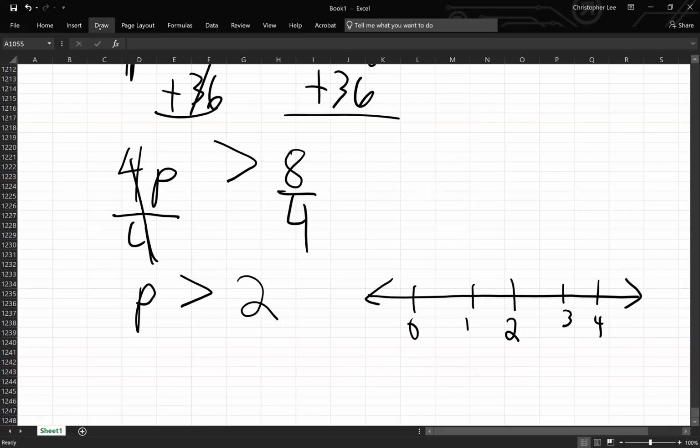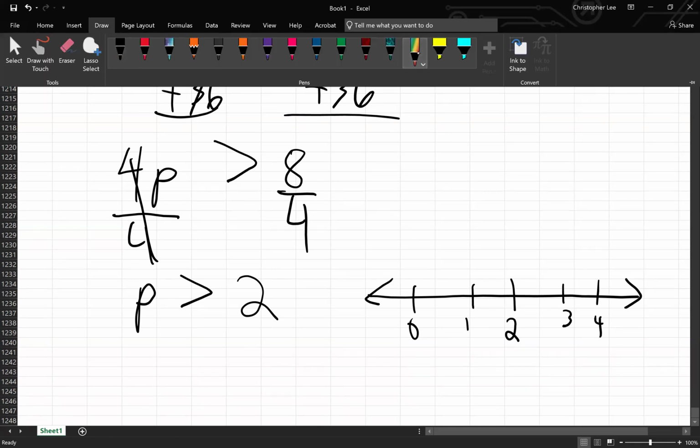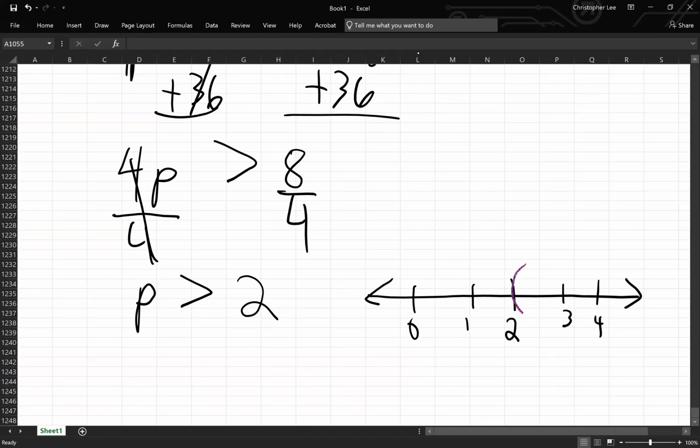So let's do a parentheses. It'll be to the right, right? So remember that this thing looks like an arrow that's pointing to the right. So then I'm going to shade to the right. Just another way to remember it. In terms of the interval notation, I'm going to have open parentheses, 2, comma, infinity, close parentheses.